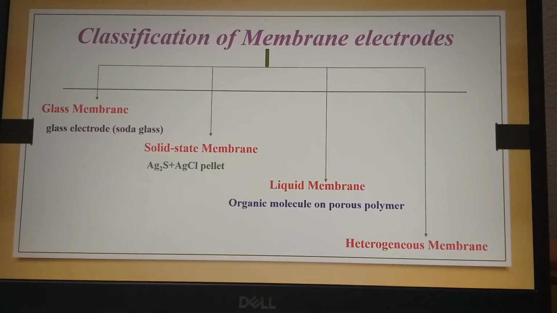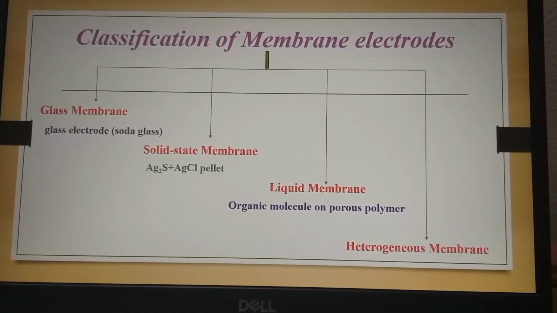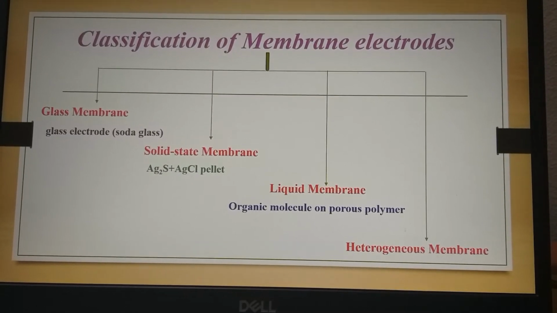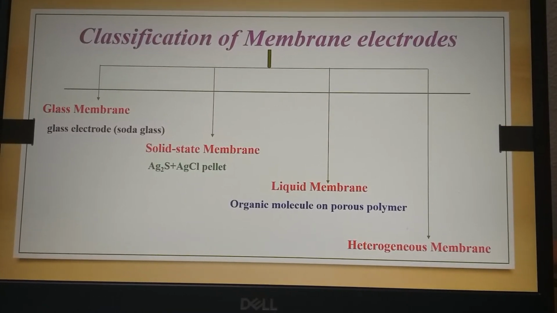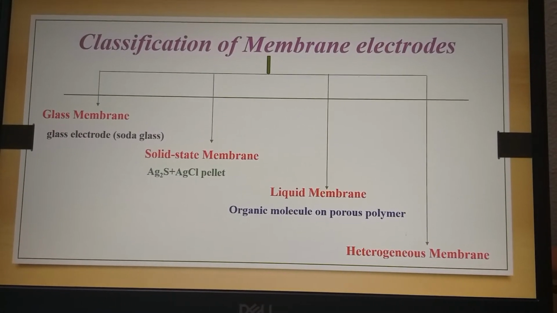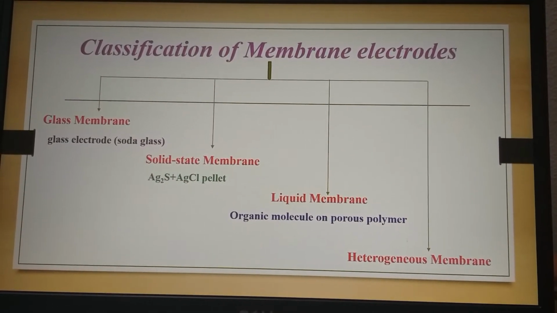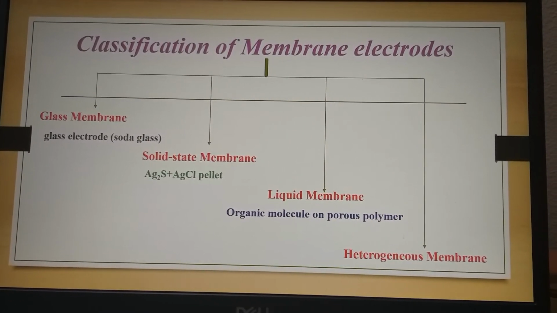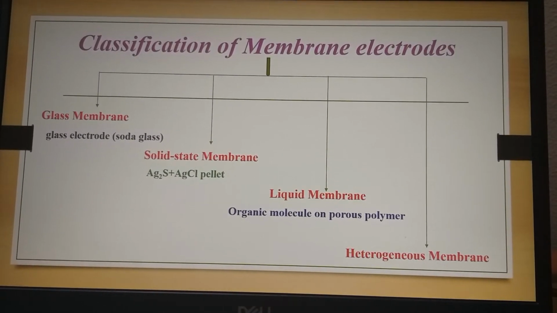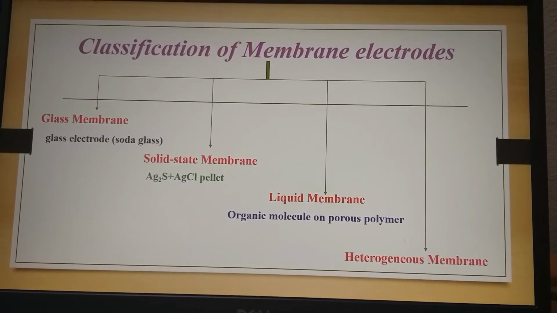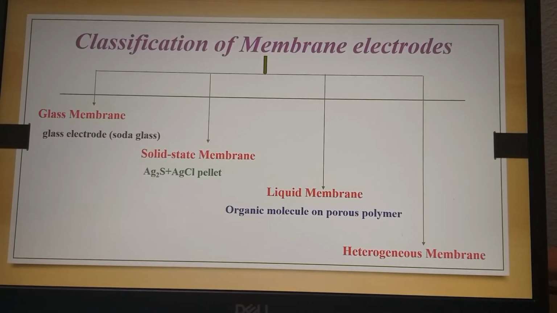In the solid state membrane electrode, solids such as silver sulfide and silver chloride are ground and molded in the form of small balls or pellets and are kept in the electrode, which acts as the solid state membrane. The liquid membrane electrode consists of an organic molecule which is adsorbed on a porous polymer and acts as the liquid membrane.